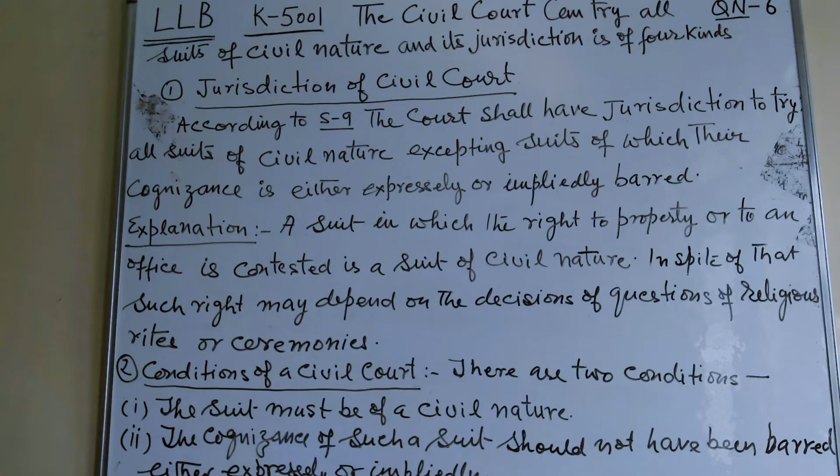My dear friends, this is the condition of a civil court to accept a case. The case must be of civil nature and cognizance should not be barred. Hence, I will take more examples of civil nature.